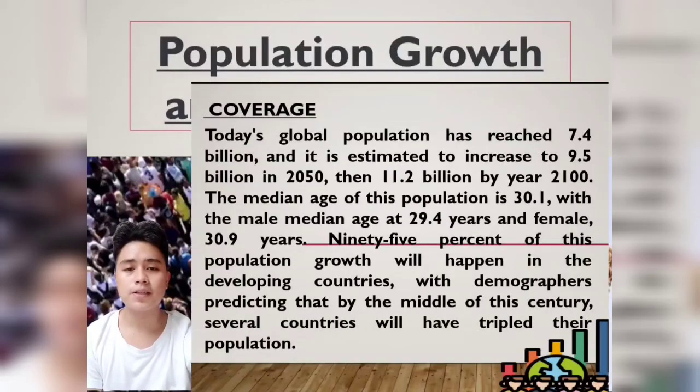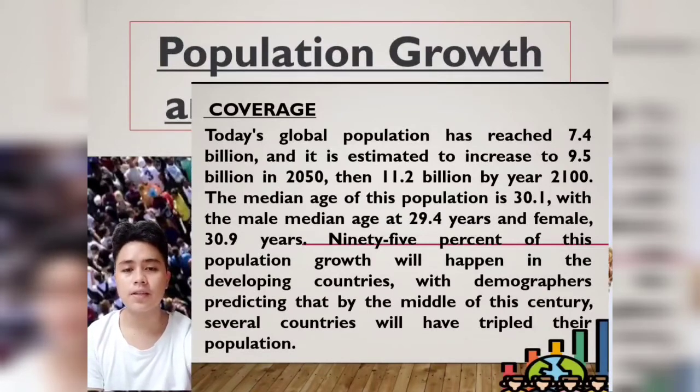Today's global population has reached 7.4 billion and it is estimated to increase to 9.5 billion in 2050. Then it will increase to 11.2 billion by the year 2100. The median age of this population is 30.1, with a male median age of 29.4 years and female 30.9 years.